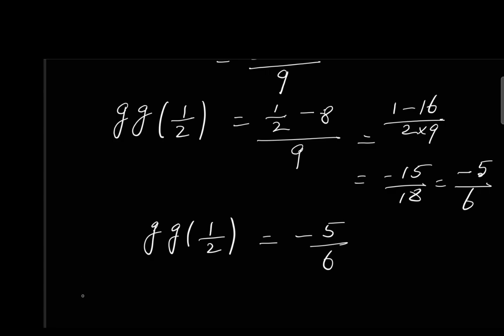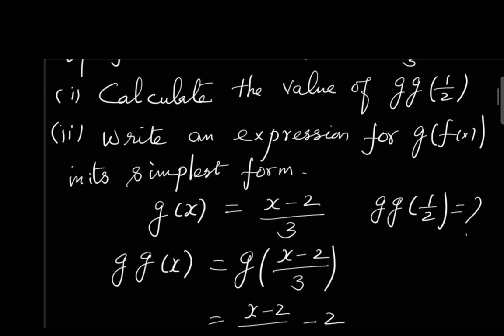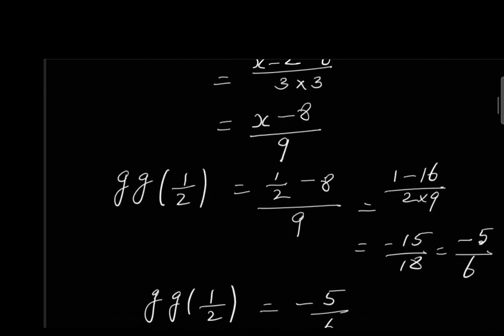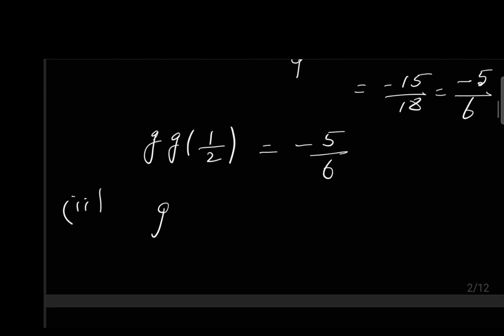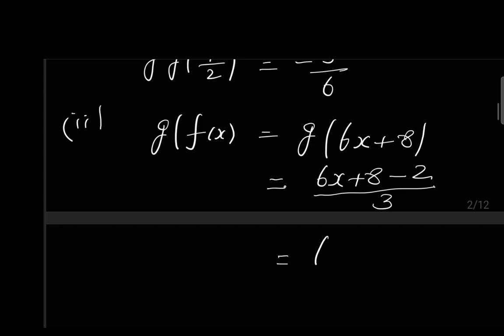This is the answer. Come to the second question. Write the expression for g(f(x)). So g(f(x)) is g of 6x + 8, that is (6x + 8 − 2)/3. So 6x plus 8 minus 2 is plus 6, by 3.